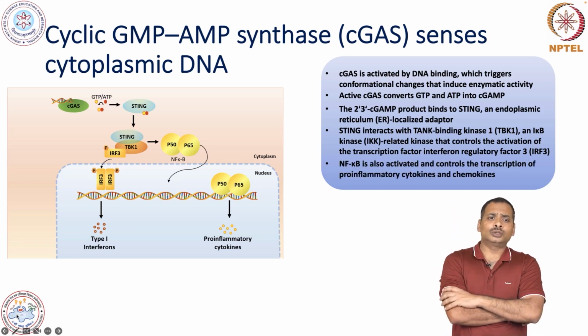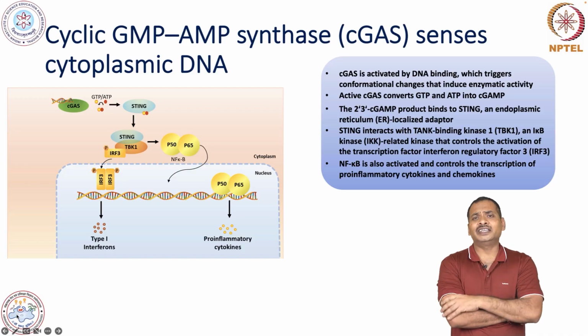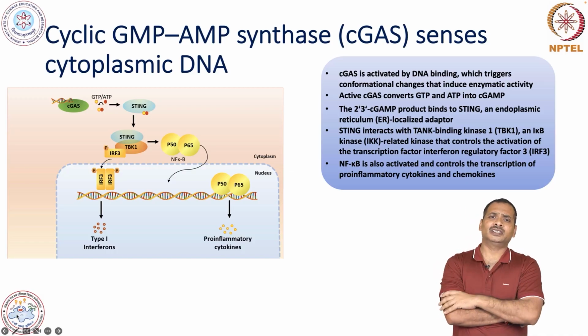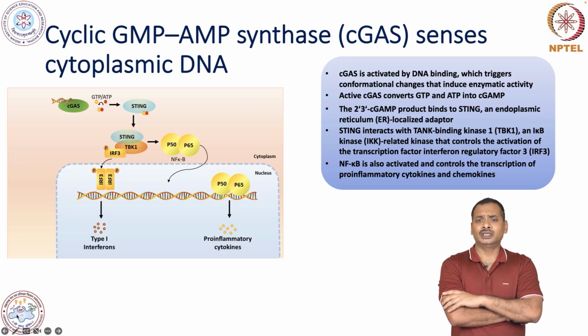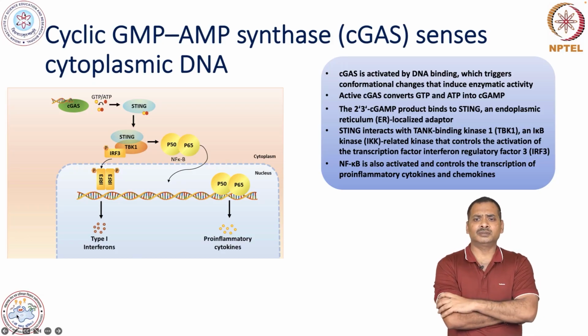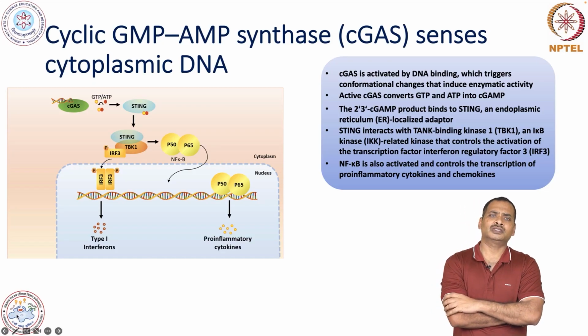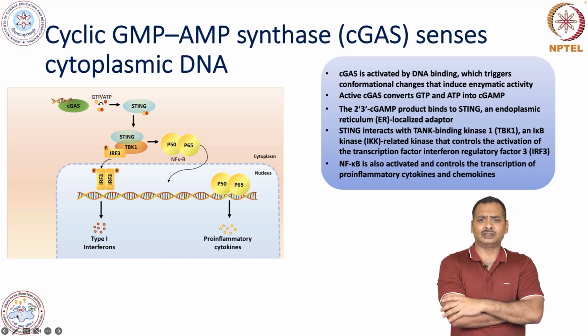This also activates the IKK complex and subsequently activates NF kappa B. This NF kappa B produces pro-inflammatory cytokines and chemokines as well.